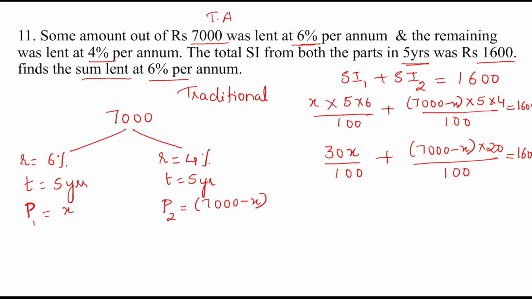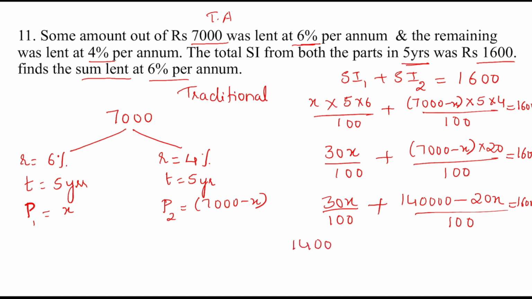Now 30x divided by 100 plus 20 into 7, two sevens are 14, and 4 zeros, minus 20x divided by 100 is equal to 1600. Now 100 is common, so directly I can write 14 and 4 zeros plus 30x minus 20x is equal to 1600 into 100.